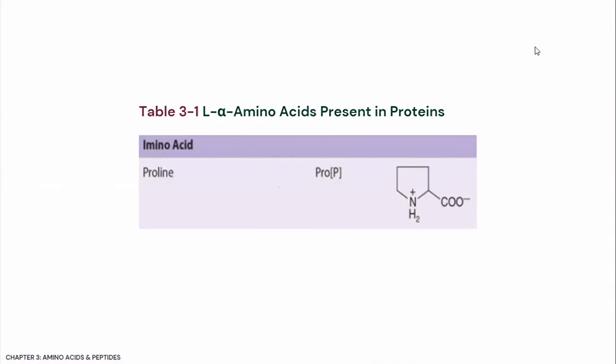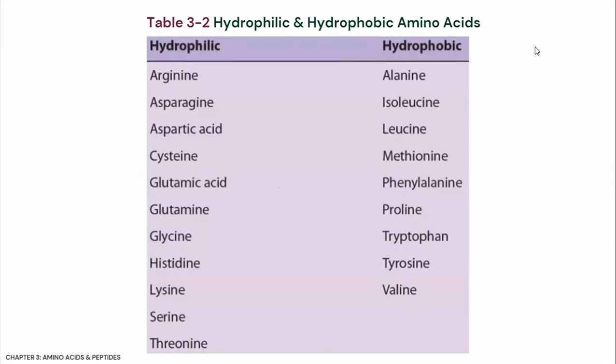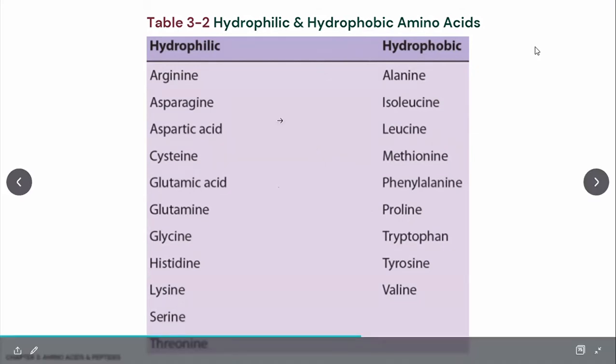It's just a review. Now, because of the R group, which also gives properties, we mentioned already R groups that are soluble in water. And then you have your hydrophobic ones, in which you have an aliphatic side chain.